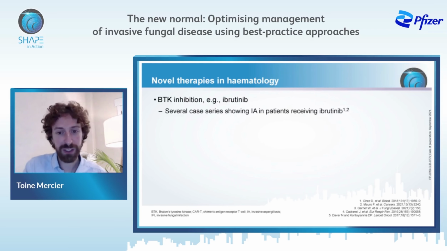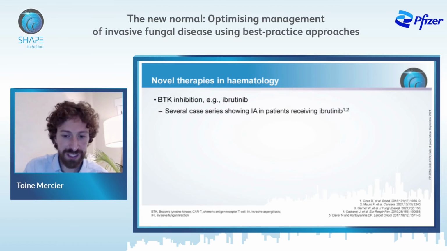First of all, there's Bruton kinase inhibition, things like ibrutinib, acalabrutinib. There have been several series now reporting invasive aspergillosis in these cases, even if they were not treated with other drugs. However, a thing that was often missing was the population size, the population at risk.